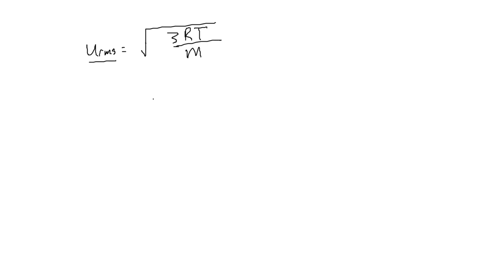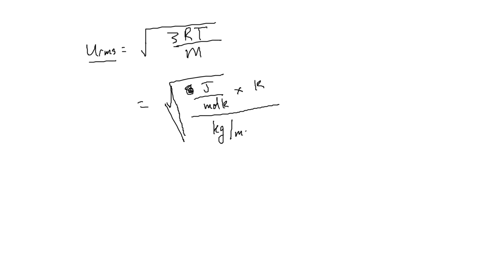Now the 3 has no units, so I'm going to ignore that. R has units of joules per mole Kelvin, and T would be in Kelvin, and then we're going to divide this by the units of molar mass, which I said would be kilograms per mole, all right?